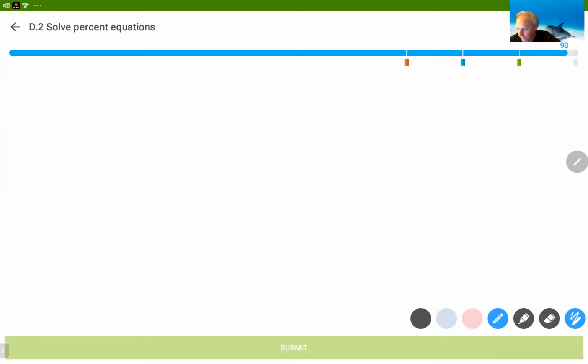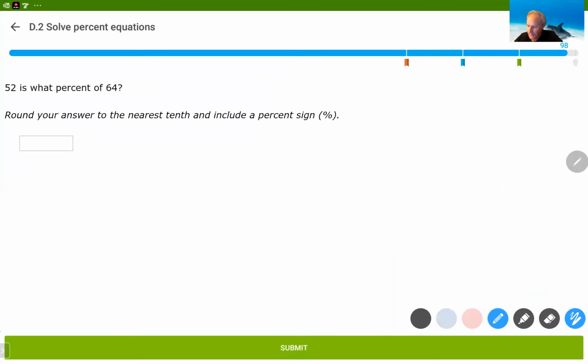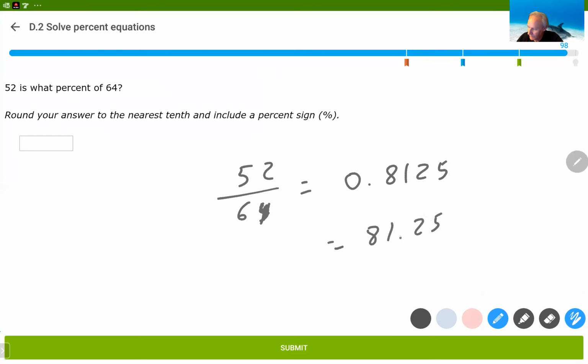Looks like maybe one or two more. Oh, that's better. 52 is what percent of 64? I said 64. 52 divided by 64, and that is 0.8125, which is 81.25%.